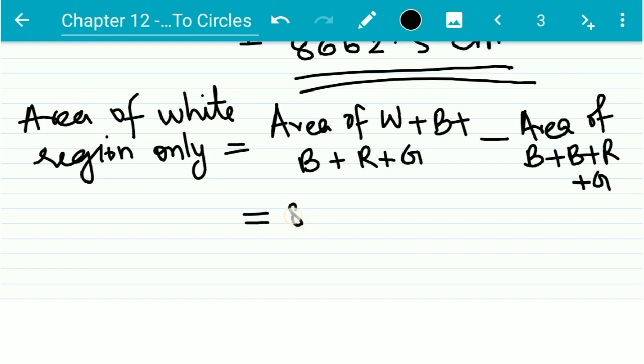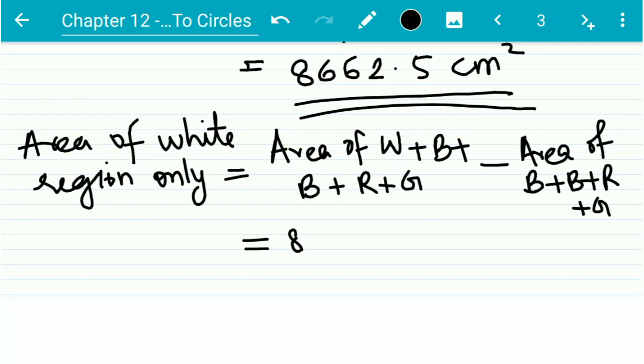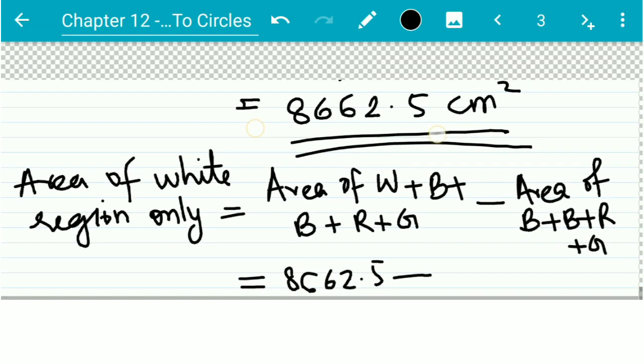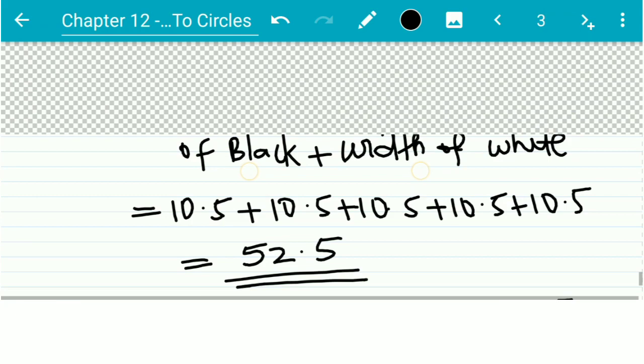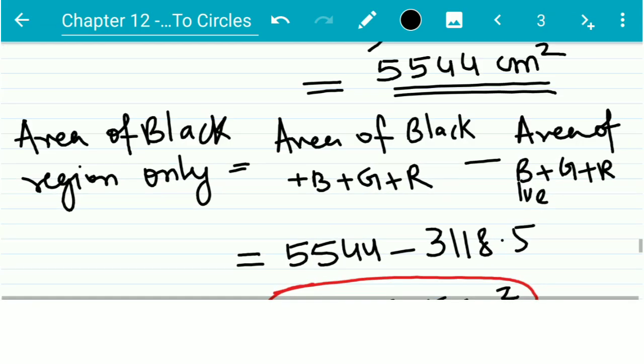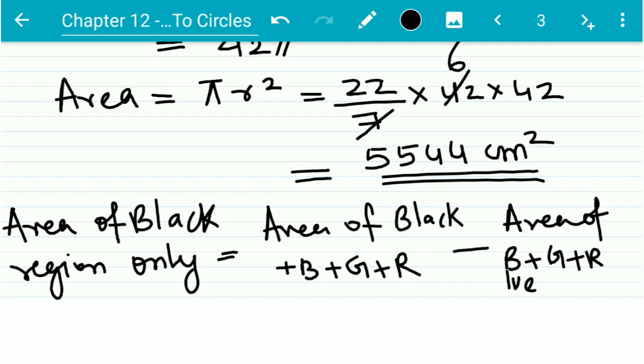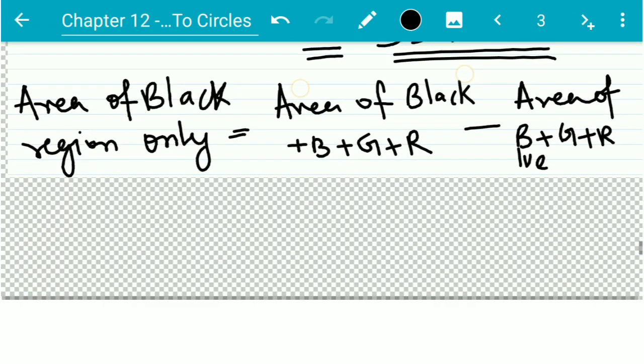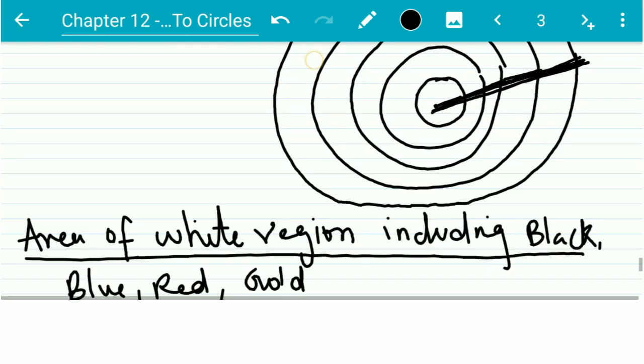Just now we got 8662.5 minus, see the last area, not this one, this 5544. Area of black, blue, red and gold. So 5544.